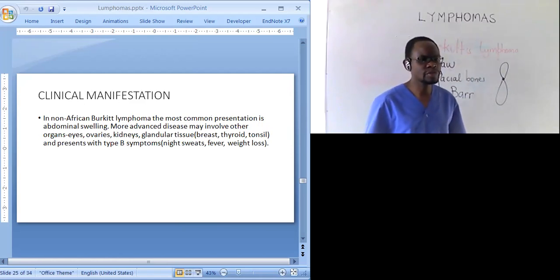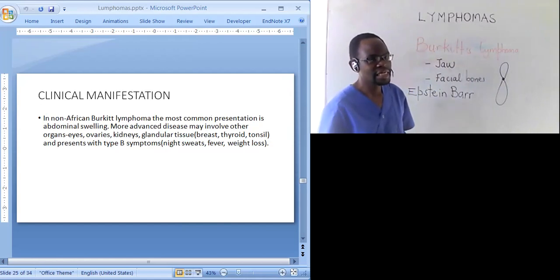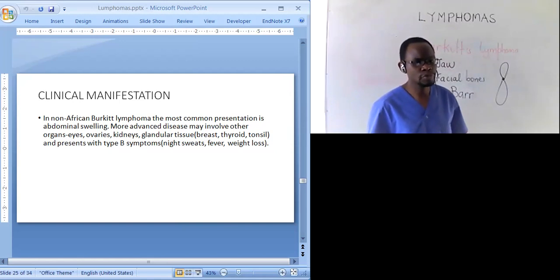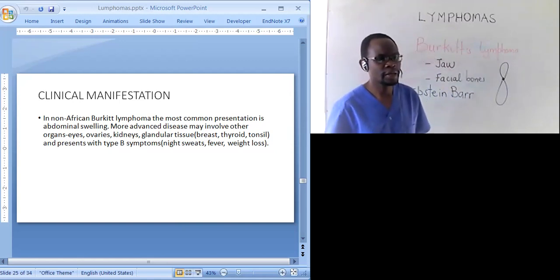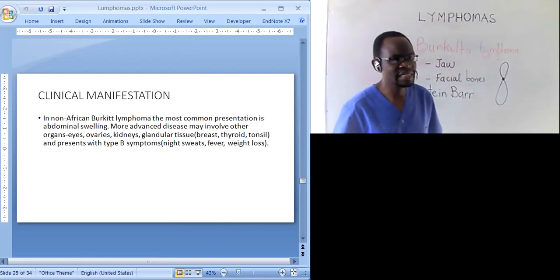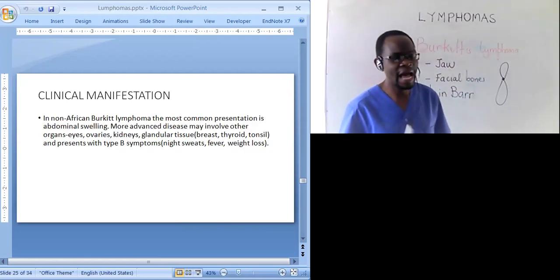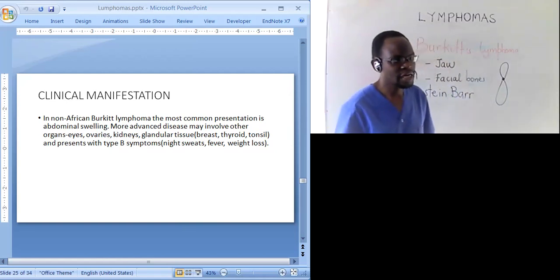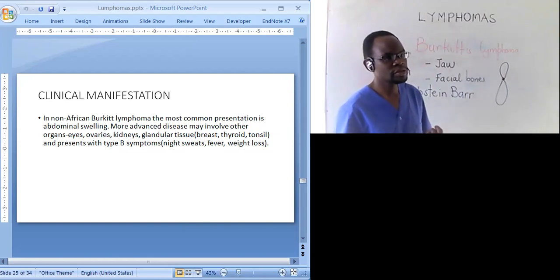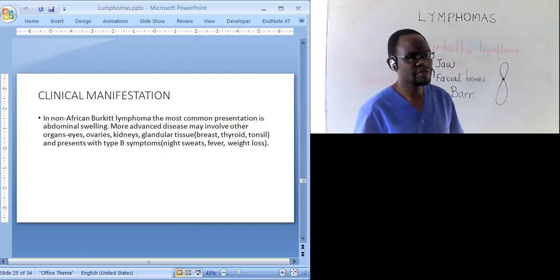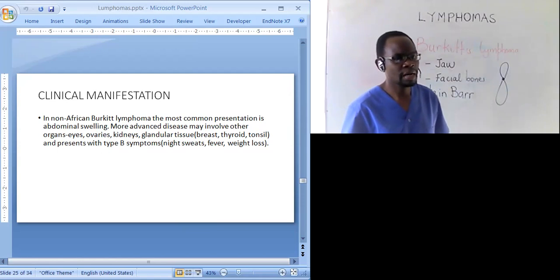More advanced disease may involve other organs like the eyes, the ovaries, the kidneys, the glandular tissues, and tonsils, and presents with type B symptoms, for example night sweats, fevers, and weight loss, among others.